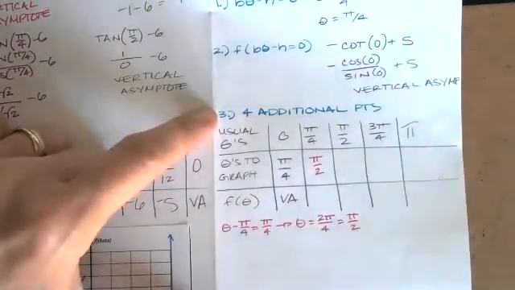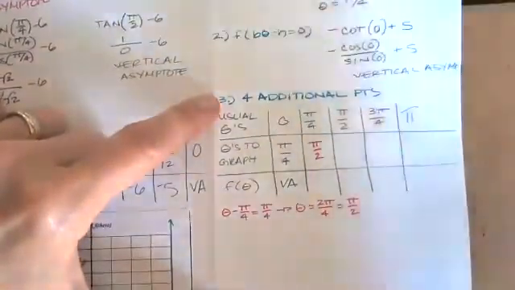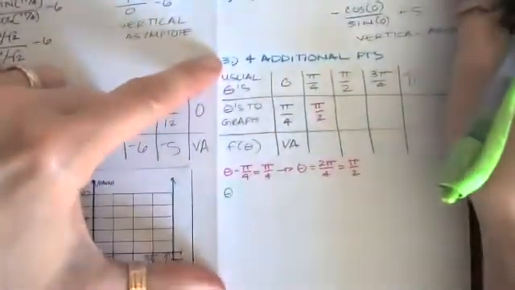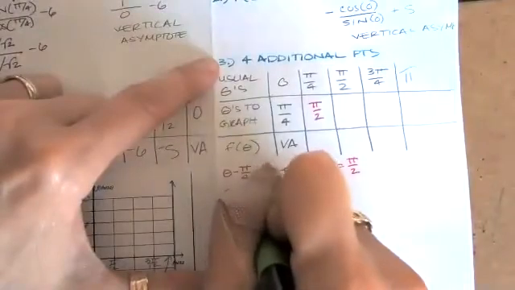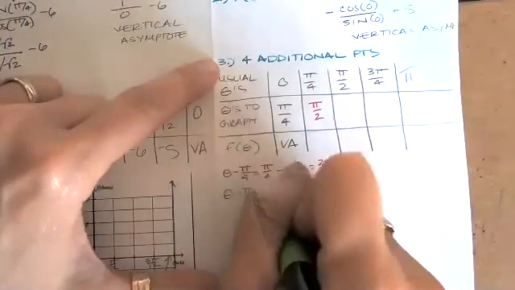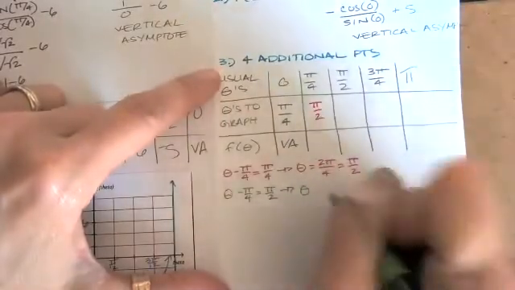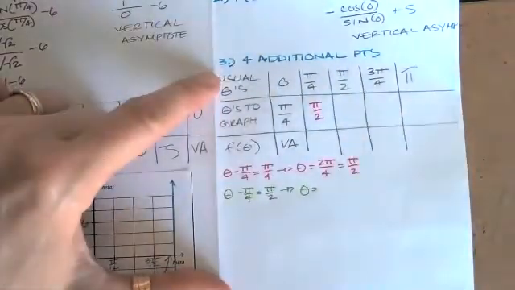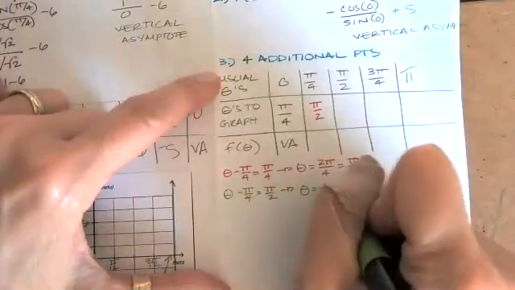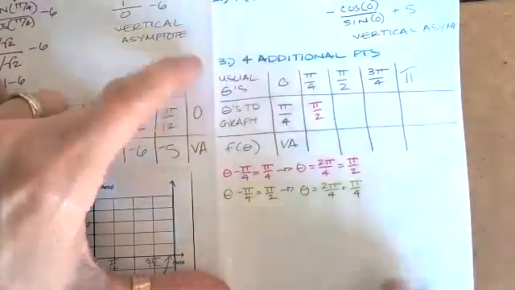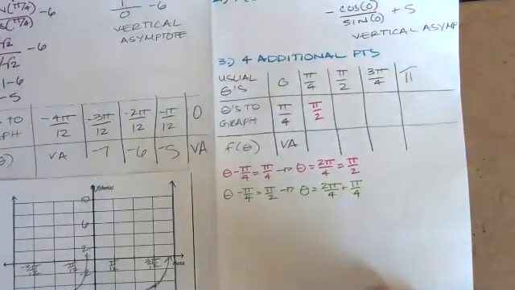Okay. The next step, we have theta minus pi over 4 equals pi over 2. So that gives us theta equals 2 pi over 4 plus pi over 4. I'm going to check my work.